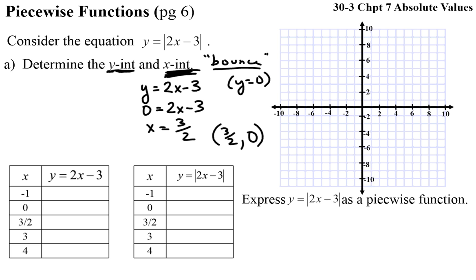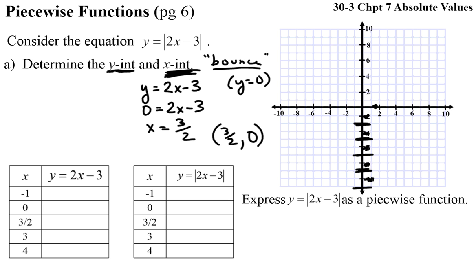That tells us for this graph at 3/2 or 1.5, which is about there, that's where we should be getting our bounce point. So at 1.5, we're getting our bounce point. We're hoping. That's our x-intercept.